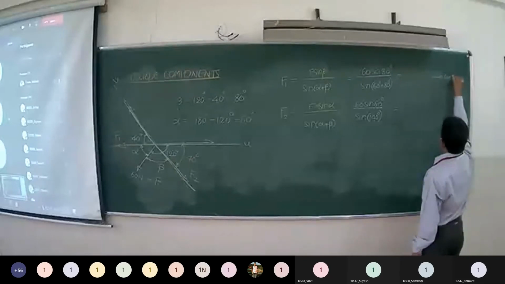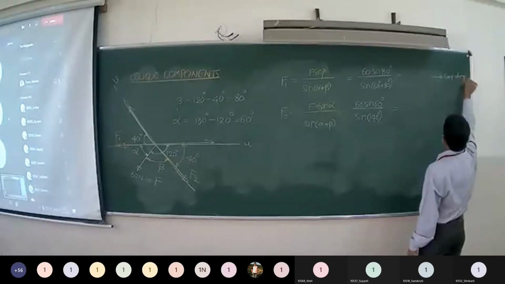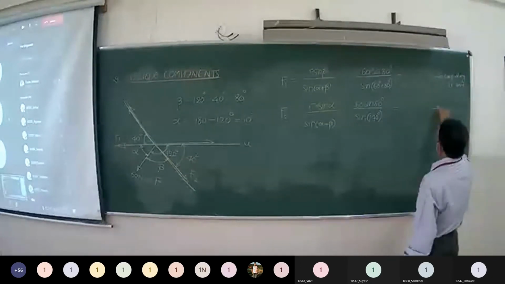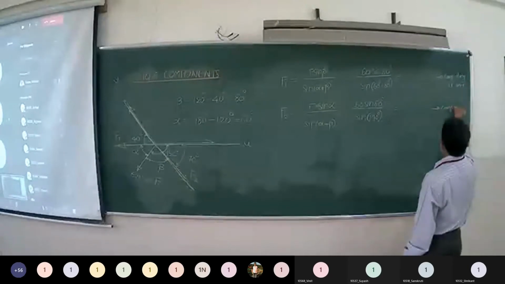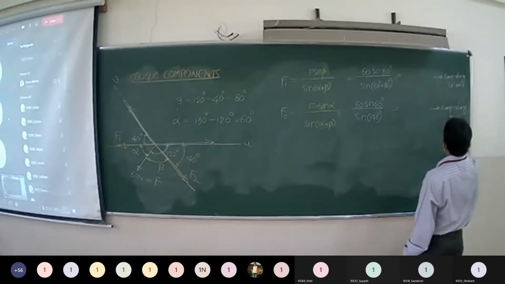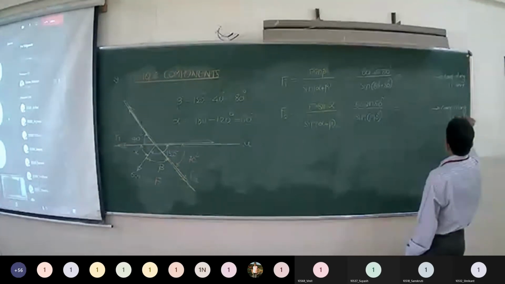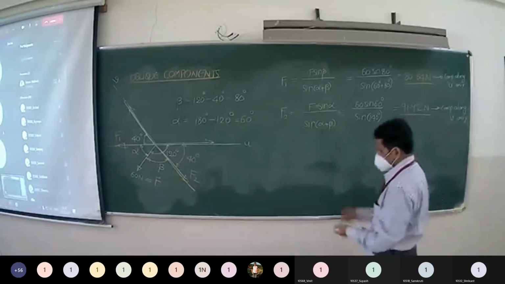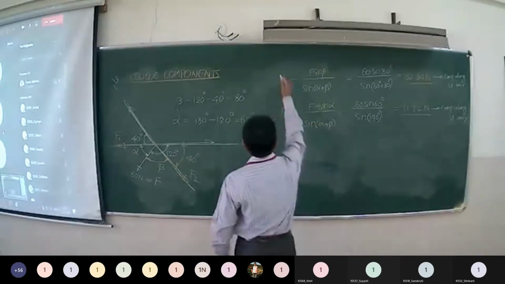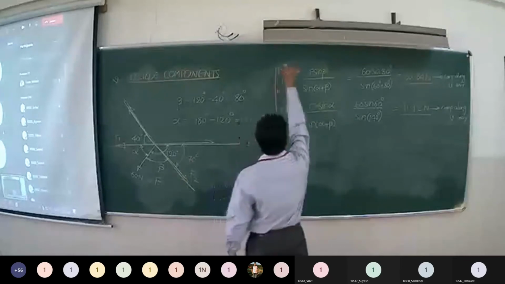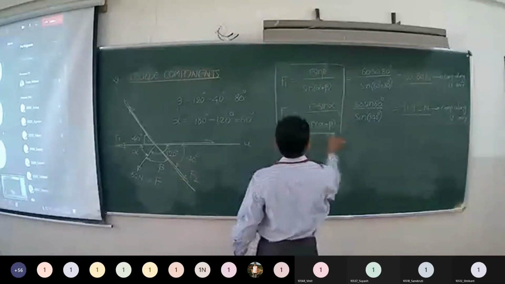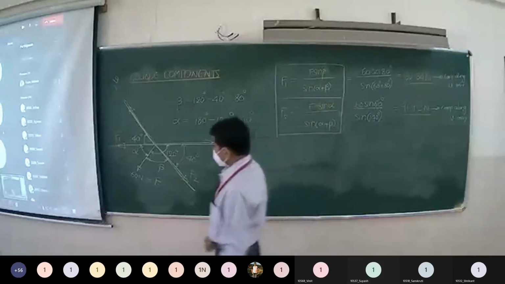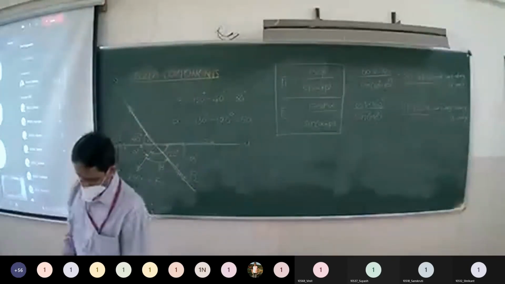This is nothing but the component along U axis, and F2 is the component along V axis. These formulas you have to remember, along with the notations, that is alpha, beta, F1, F2.